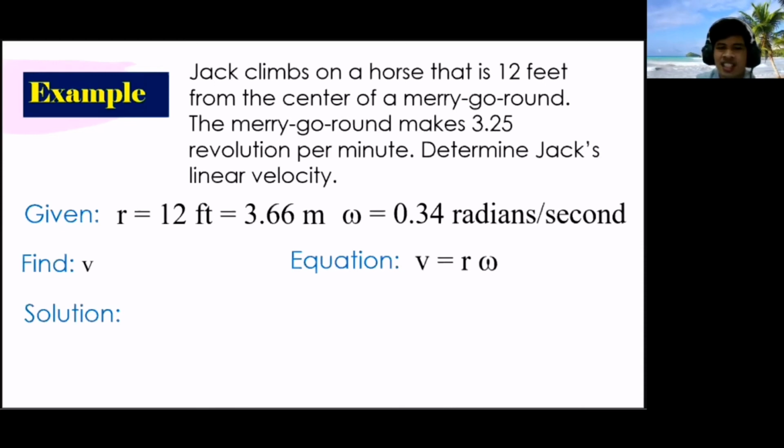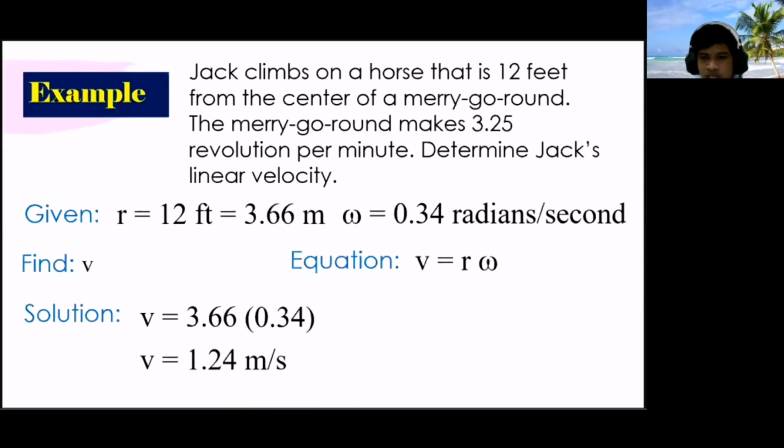If you just multiply, R is 12 and angular velocity is 0.34, the answer would be 4.08. Is that clear? 4.08. My answer here is in meters, but again, you can answer in feet.